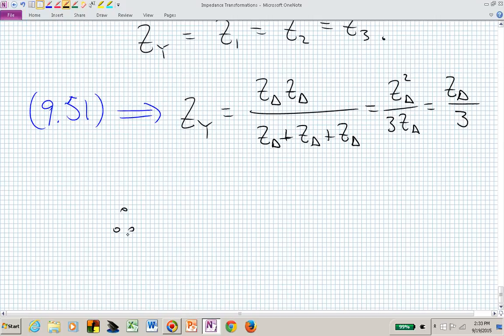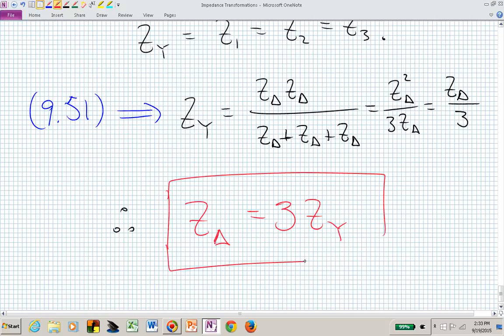Or if we multiply by 3 on both sides, we find that the balanced relationship now is that this delta impedance in the 3 places in the delta interconnected structure is 3 times the impedances in the Y configuration. And that's what you would then use when you are converting between Ys and deltas in a balanced load problem.